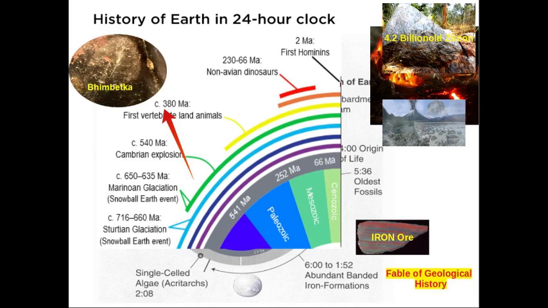Bhimbetka, a UNESCO heritage site, there this fossil was found. It is like a leaf, and it is from this part of the clock. When enlarged, it was just before the Paleozoic and the Cambrian explosion of life.